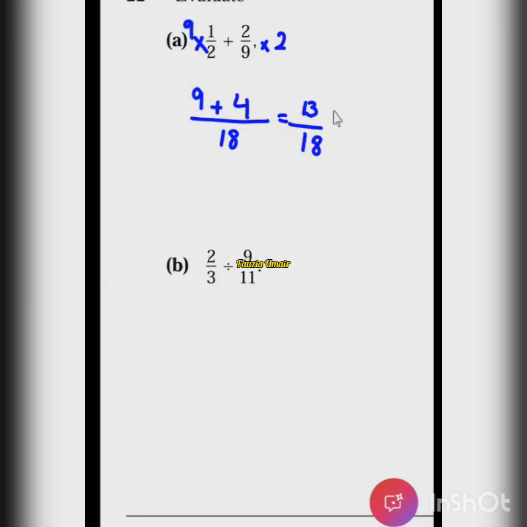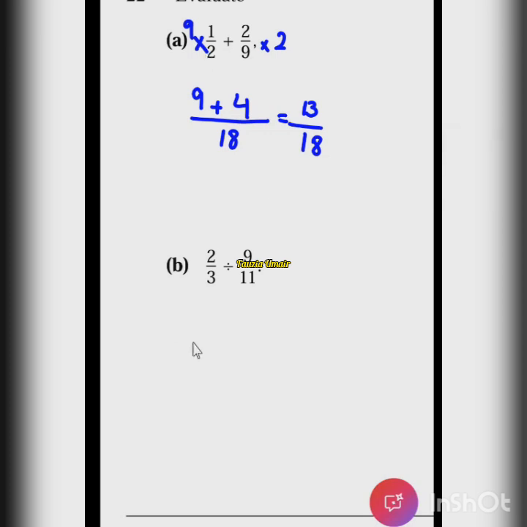And if the fraction you are getting as an answer is not in the simplified form, then you need to simplify it also. You need to check that also. 13 by 18 is a proper fraction and it is in the simplest form. So that will go directly on the answer bar.